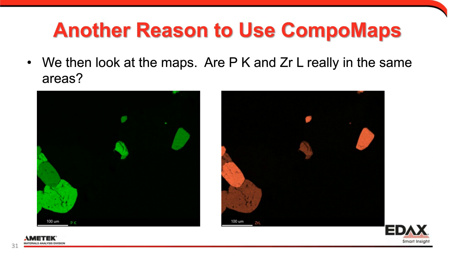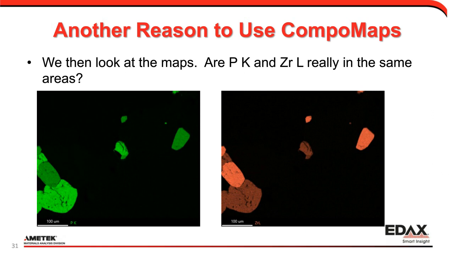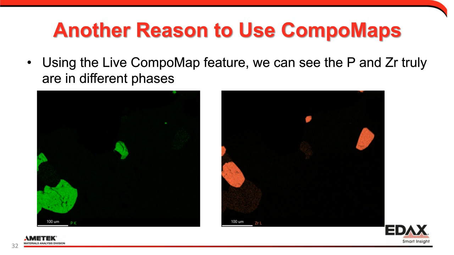So now I move on to the CompoMap capability, where this is the truly deconvoluted phosphorus and zirconium peaks. And so I'll just toggle back and forth. This was the raw map, and even while we're collecting, we can deconvolute those two overlapping elements. And sure enough, we see really great separation of those two elements.